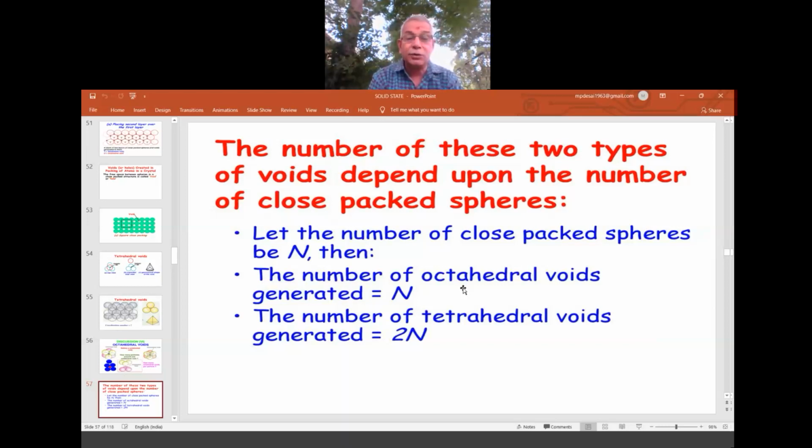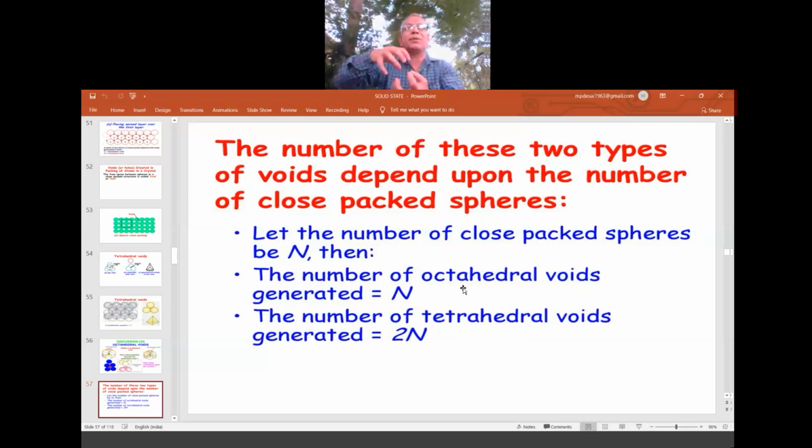So what is the conclusion? What is the observation they have made? Whenever we have 100 spheres in a particular structure, how many octahedral voids are created? It is the same. I am taking 100 just for example, because 1 mole is 6.02 times 10 to the power 23.